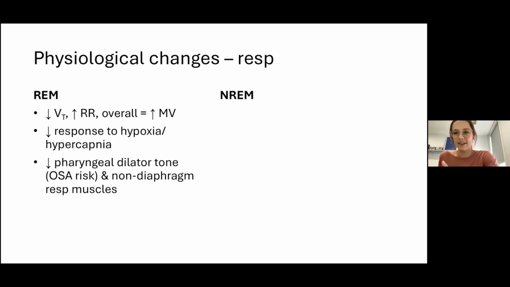So you have a decreased tidal volume of about 25%, and maybe a slightly increased respiratory rate, which means that overall your minute ventilation can actually increase. But as you say, there's a reduced response to hypoxemia or hypercapnia, and that's your highest risk of OSA, during that stage as well. Can you tell me what the non-REM respiratory changes are?